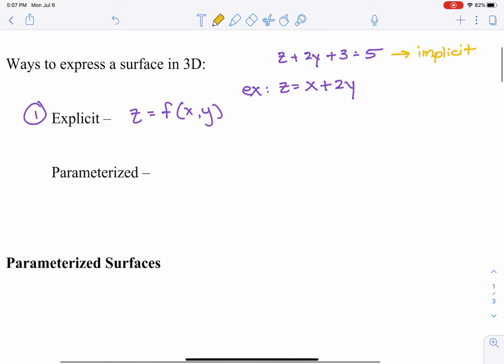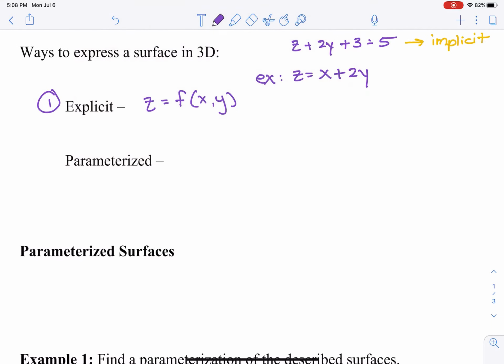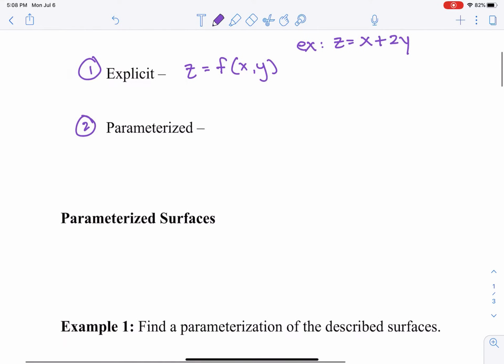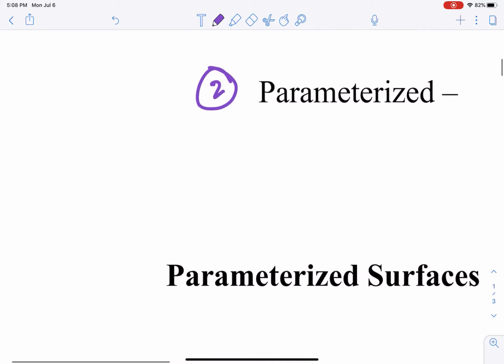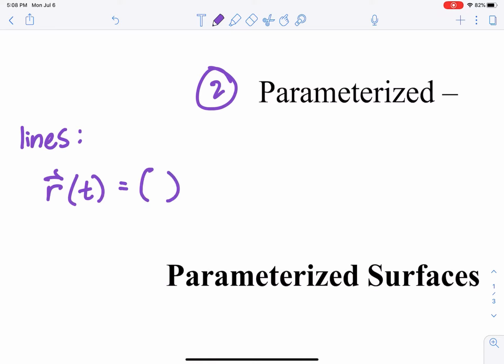But the second big way we're going to look at is a parameterized surface. Now, we've had experience with this before in chapter 13 when we were talking about vector-valued functions and motion in space. And we did a lot of parameterization of lines. If you remember parameterization of lines, that's when we would solve a line equation in the form r of t equals some function in the i direction plus some function in the j direction.